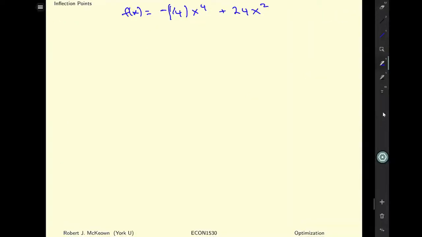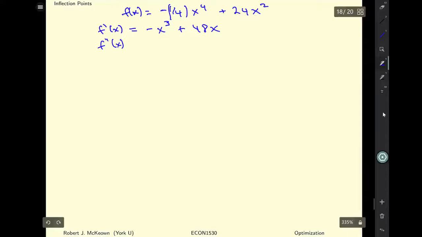Now, what about those inflection points? So we want to find the second derivative. First, I'll take the first derivative. Got negative x cubed plus 48x. And now I want to take the derivative again to find the second derivative. I'm going to set it equal to 0.